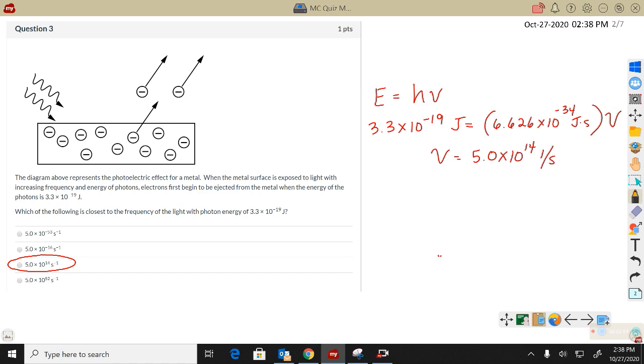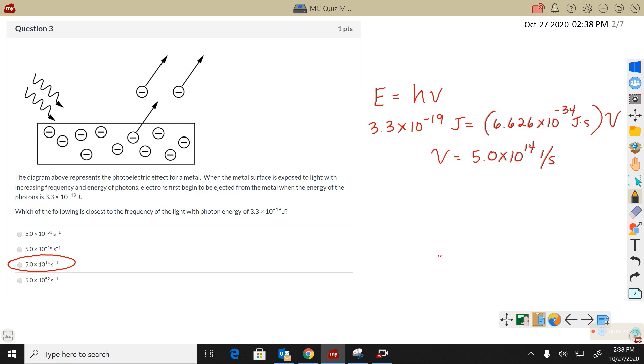I could try red light, blue light, ultraviolet light, and it showed that each type of electromagnetic radiation had different effects on the surface of the metal. Sometimes we removed electrons and sometimes we didn't. There was always this threshold frequency, or this minimum amount of energy that was required to remove electrons from the surface of different types of metal.